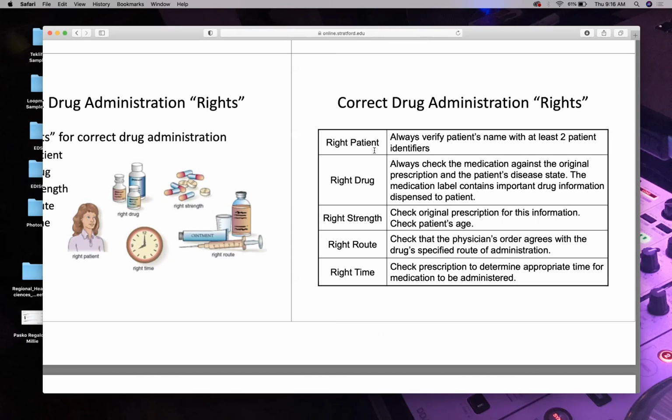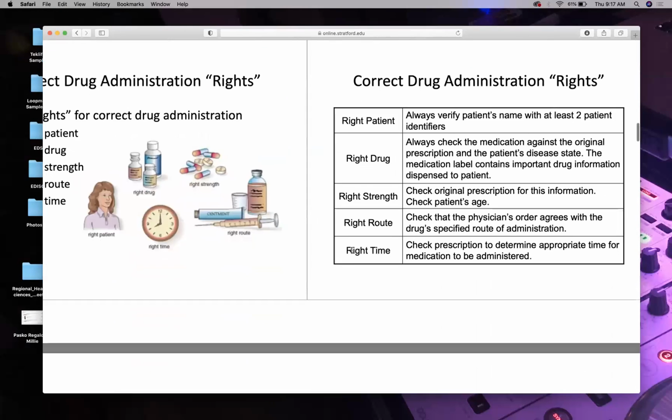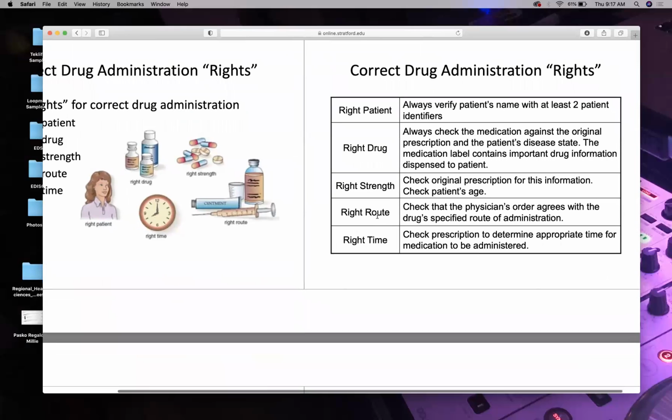Or if you notice the patient was given Cardizem for the last 4 days straight, and today was given something else without any discontinue of the Cardizem order, then you have to question, is this the right drug? Right strength, okay? Be careful of these decimals. Make sure it's the right strength.